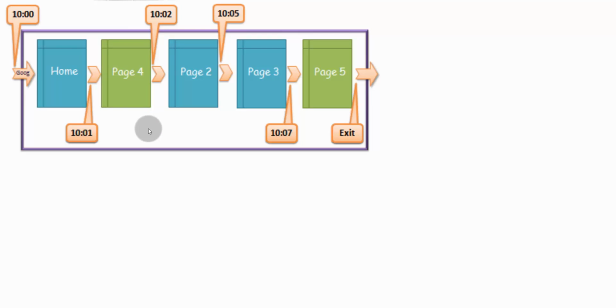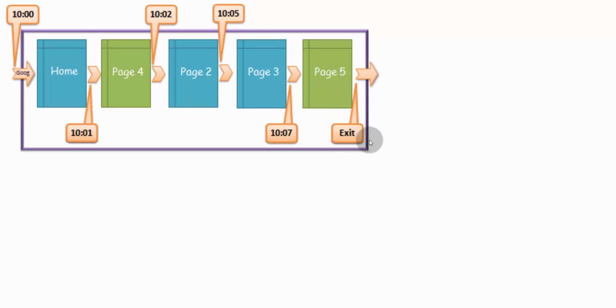Let's assume that a visitor enters the home page of your website at 10 a.m. Then at 10:01 he goes to page 4 and at 10:02 he comes back to page 2. Then at 10:05 a.m. he moves to page 3 and at 10:07 a.m. he moves to page 5.